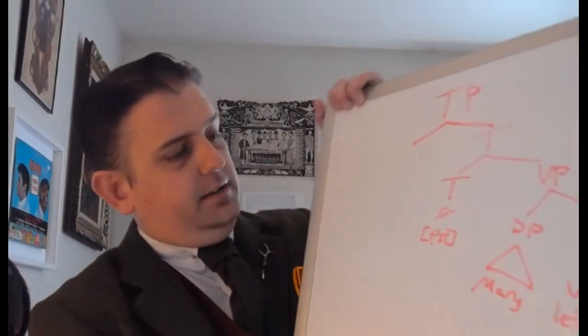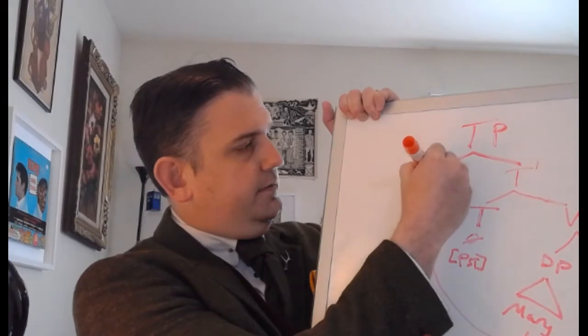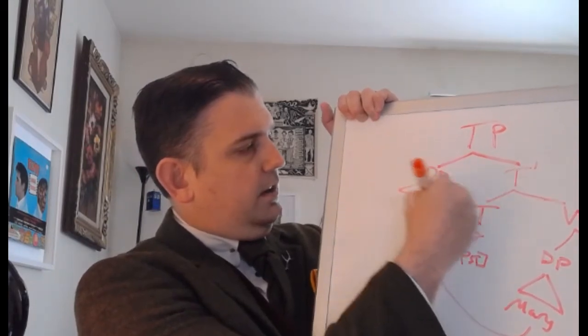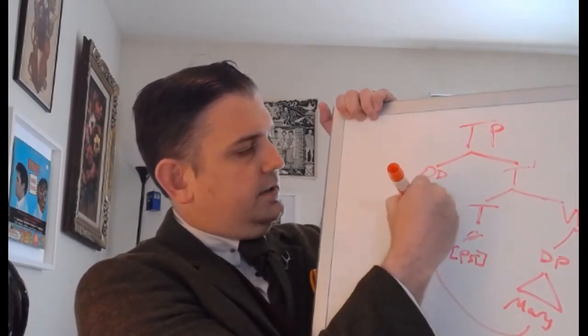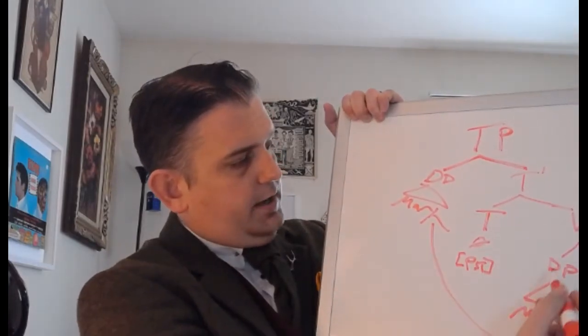I have a DP down here, the party. And Mary will begin in the subject position of the VP and raise up to the subject position of the TP. And it will do this to get its case and because of the EPP.